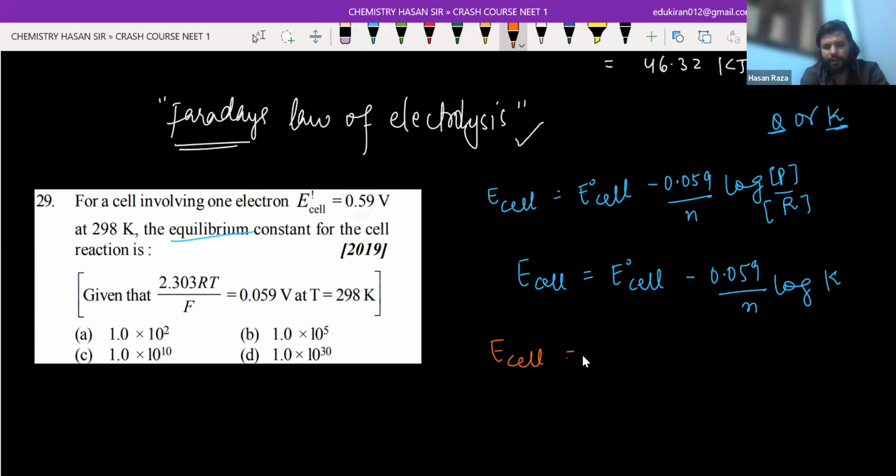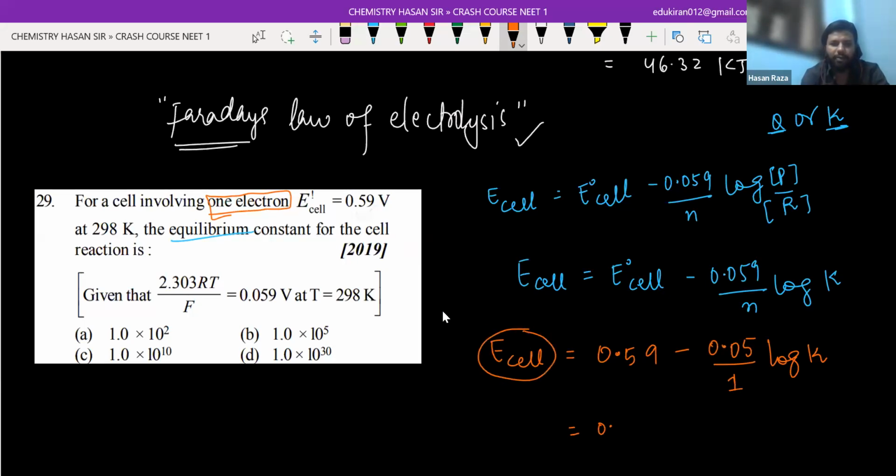E cell is equal to E naught cell, which has a value 0.59, minus 0.059 upon n, where n is the number of electrons transferred. In the question it is given that it is 1 electron, so 1 log K. We need to calculate the value of K.